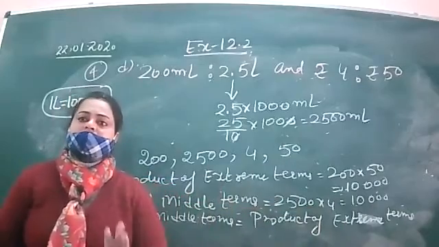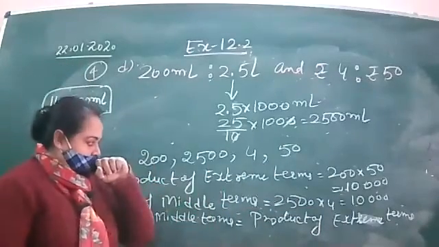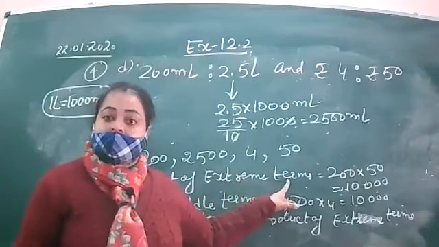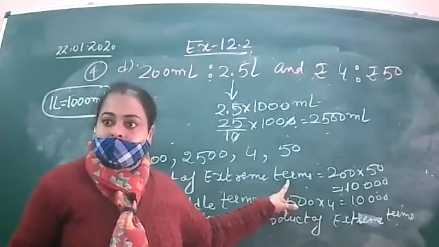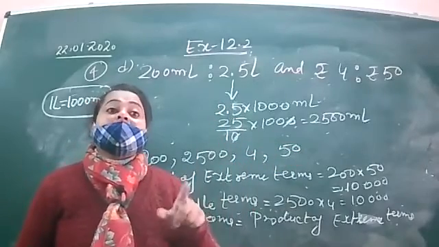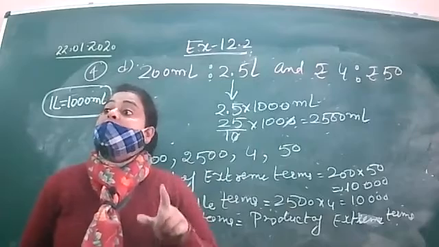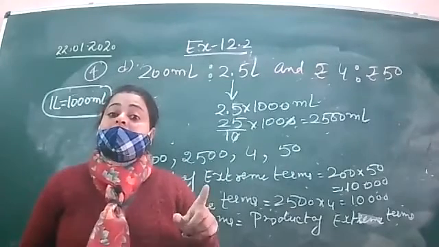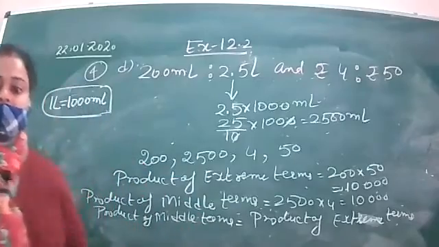Your result will not change. Like here I found the extreme terms first, you can find middle terms also, your wish. Fine. So in the end, in the result, you will write yes, the given ratios will form proportion, or the given terms are in proportion. Fine. So write down.